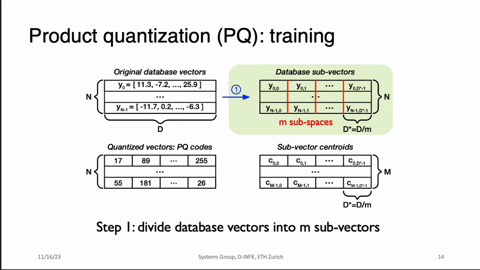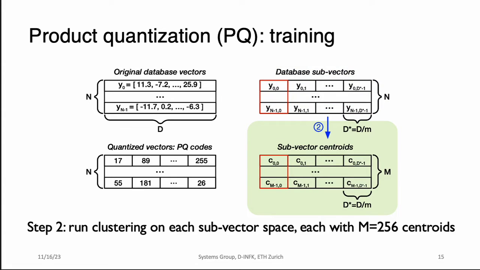So here we have m subspaces, each with dimensionality d/m. Now, after we have those sub-database vectors, we run a clustering algorithm within each subspace. For example, in the first subspace, I run a clustering algorithm and get a list of centroid vectors. The centroid number here is typically set as 256, which we will explain in a second.